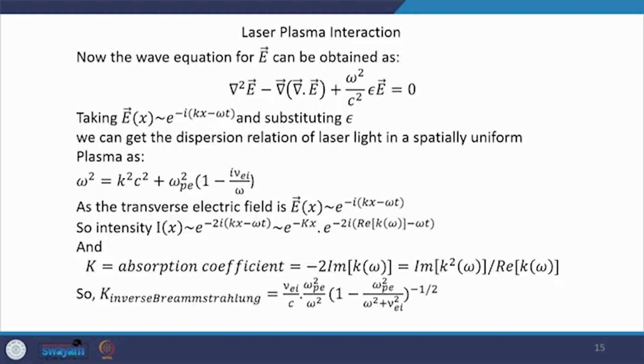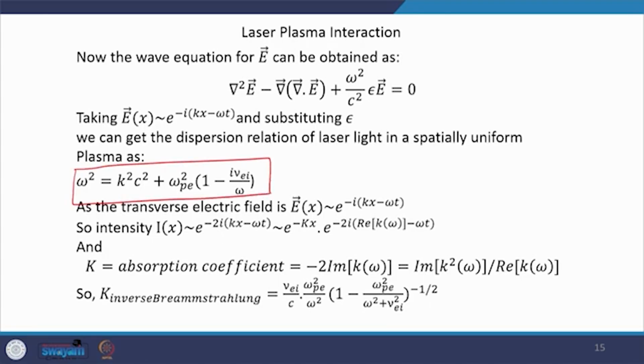Then we can use it in the wave equation with the oscillating electric field, which will be e to the power minus i(kx minus omega t), and if we substitute it in the dielectric constant epsilon, then we can get the dispersion relation of laser light while propagating through a spatially uniform plasma, which is very important.